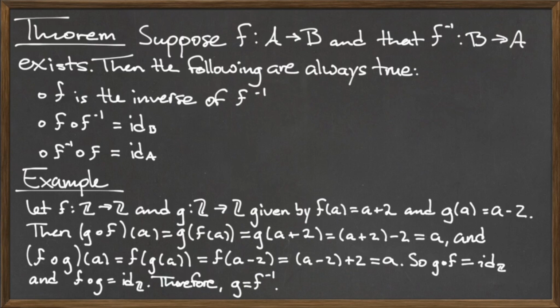Doing the same thing for the composition f compose g, we see that the end result is also a. Since these two compositions produce the same end result, g and f are inverses of each other. So we relabel g as f inverse.